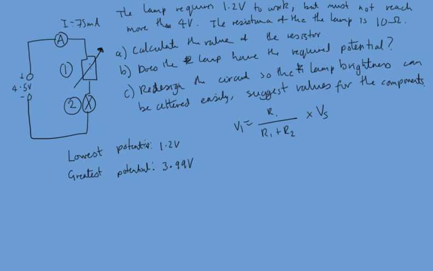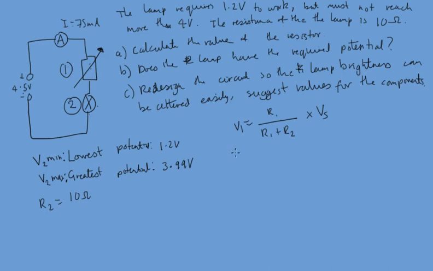So this potential lowest is going to be V2 min and this will be V2 max. And our supply voltage Vs is 4.5 and R2 is 10 ohms. We can't change the resistance of the lamp.